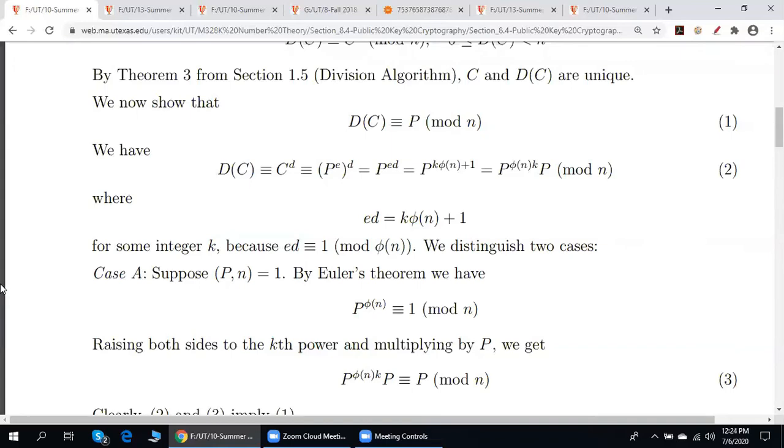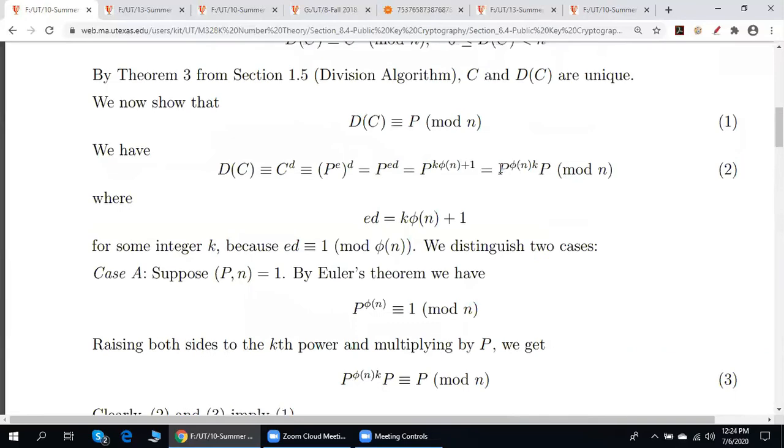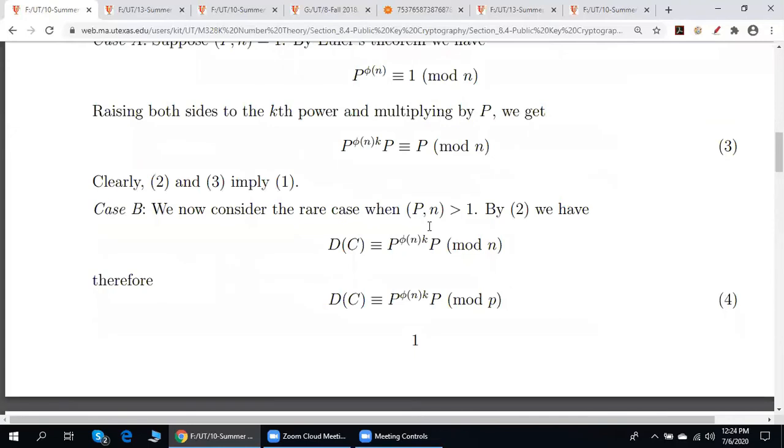Now, as I said, case B is exceptionally rare. It is almost impossible to imagine that two gigantic numbers will have a greatest common divisor greater than 1. Oddly enough, despite the fact that this is a very rare case, it is significantly harder to show that this is congruent to p modulo n in this case.